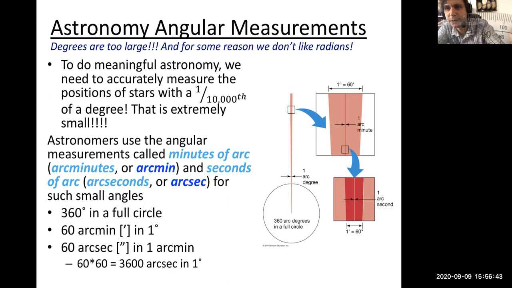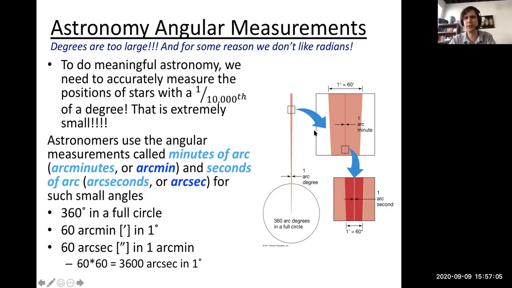That would be 1 degree. And let's break that 1 degree into 60 smaller equally sized units. So we'll take 1 degree and break it into 60 sub-units, equally spaced between one another. One of those would be an arc minute.